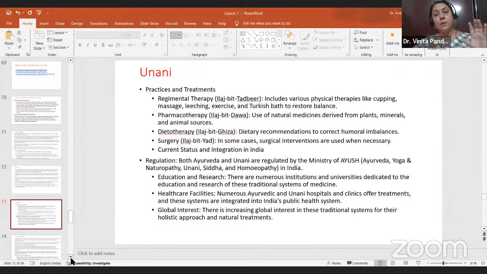So the Unani system also talks about surgery wherever required. And both Ayurveda and Unani are part of Ministry Ayush, which I just mentioned.